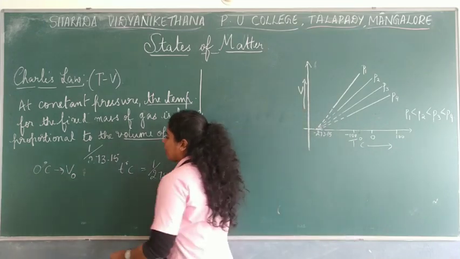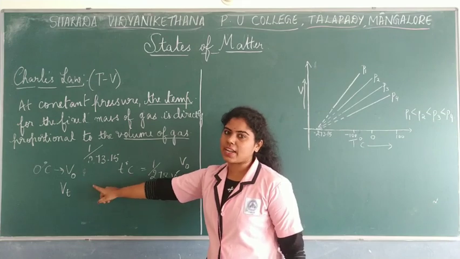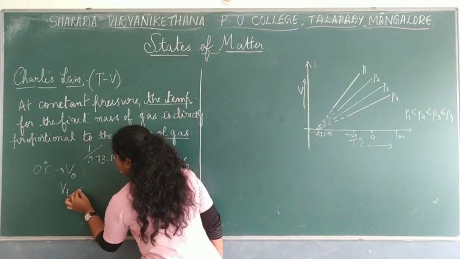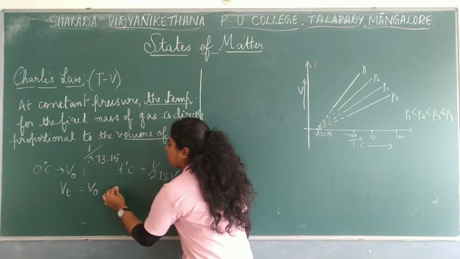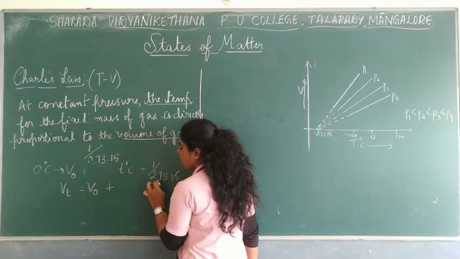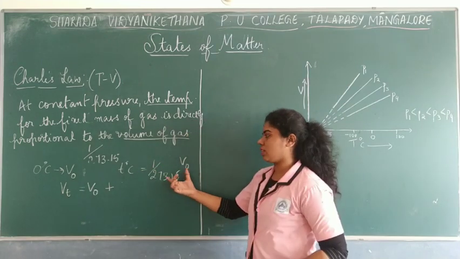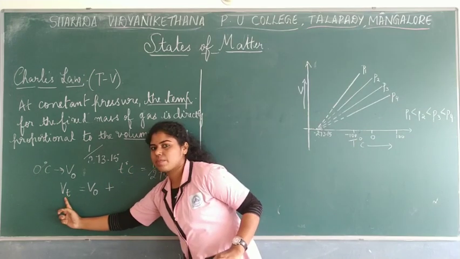Okay. So if we have to write the final volume, that is Vt, we write it as V naught, correct? That's the initial volume, plus how many times it has increased. How do you write it? It is 1 by 273.15 of V naught. That's for 1 degree Celsius. So for T degrees Celsius, final will be Vt here, correct?